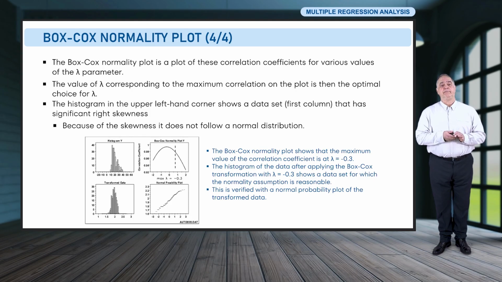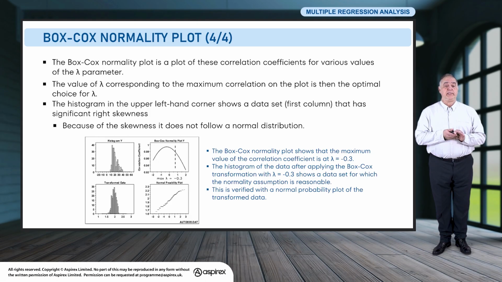This plot of correlation coefficients applies for various values of the lambda parameter. So the value of lambda corresponding to the maximum correlation of the plot is then the optimal choice for lambda. The histogram in the upper left-hand corner shows a data set, first column, that has significant right skewness.